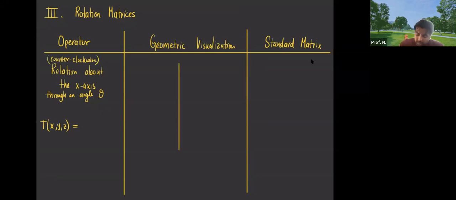So again, x, y, z. My x-axis becomes my axis of rotation. It's the positive x-axis, that's my axis of rotation.